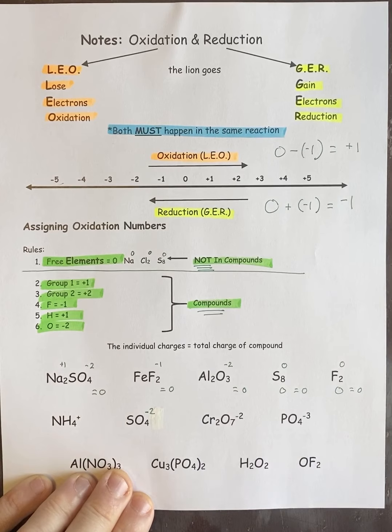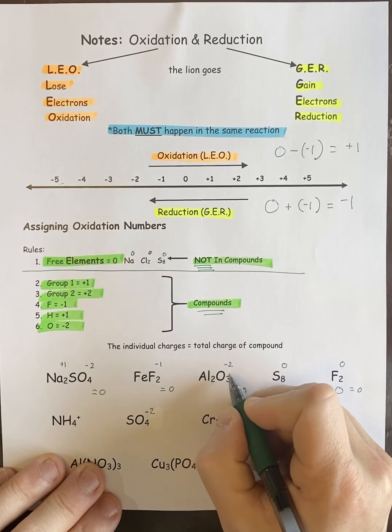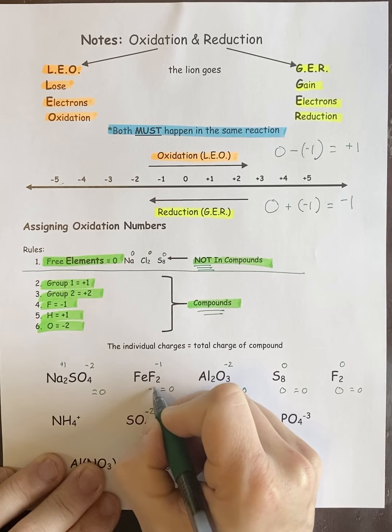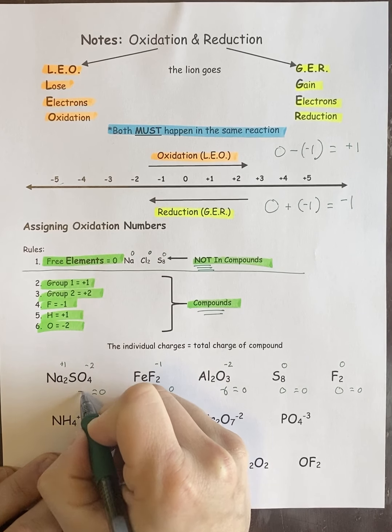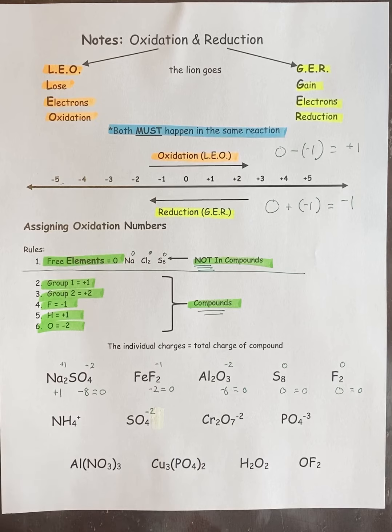And then these three, those are the rules. And now what we do is we multiply down. So I have 3 -2s, I get -6. 2 -1s, I get -2. And 4 -2s, I get -8. 2 +1s, that should be +2. So I multiply down to figure out my total charge from each individual element.